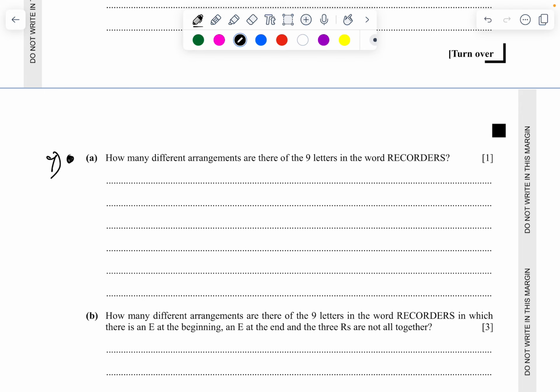So which is that 9-letter word, recorders? Let me write that one carefully. So total is 9 factorial divided by 2 factorial and 3 factorial.